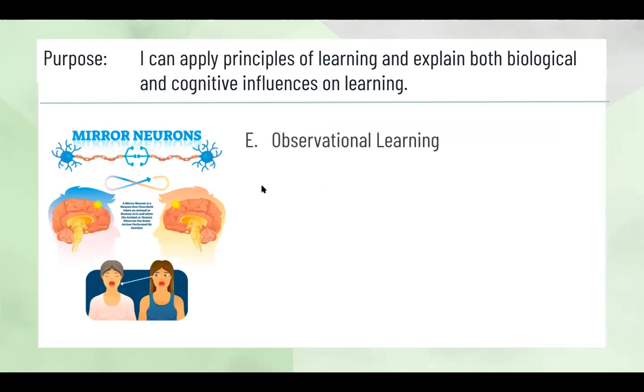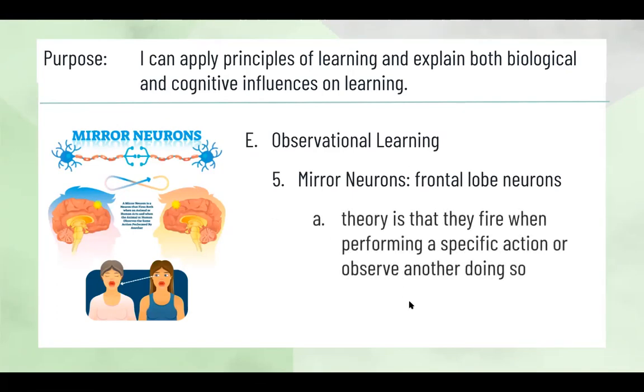There's something called mirror neurons, and this is relatively new research. Mirror neurons are frontal lobe neurons that are responsible for mirroring what people see.